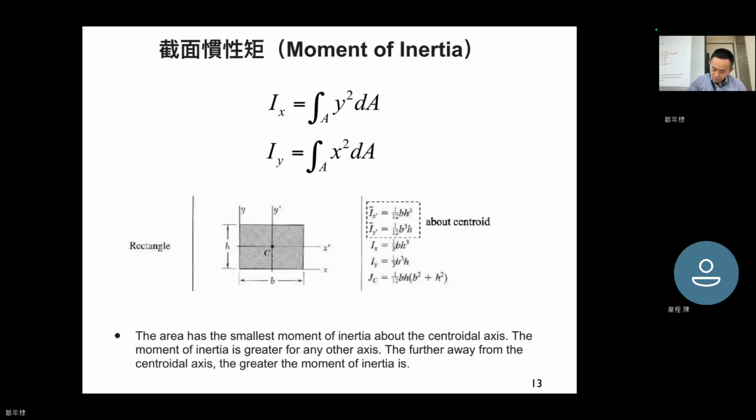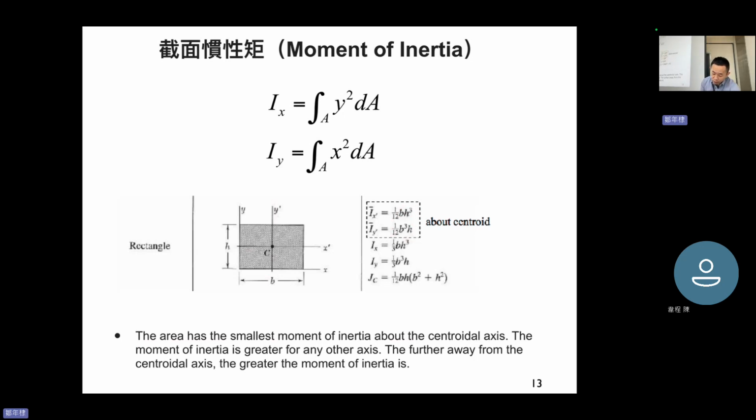And also you can see that about the central axis, it has a smaller value, 1/12 bh cubed.